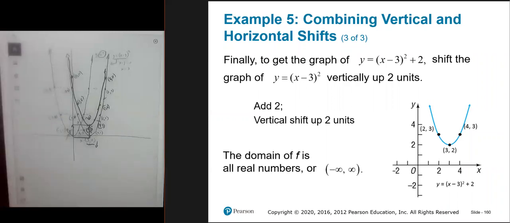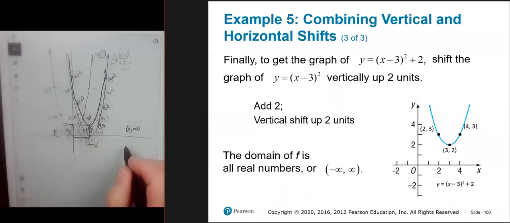The domain didn't change, but our range did. For x squared, the range starts at 0 and goes to infinity, and it includes 0 because it does equal 0 for the y values. But for the final function, the smallest y value is a positive 2.